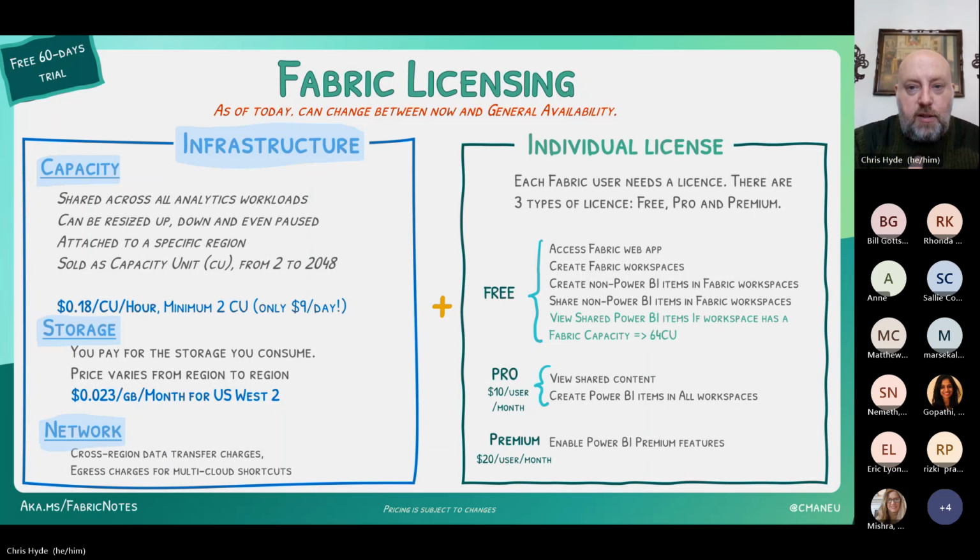But that compute that we've used is smoothed out over a day-long period to give us an average. Whereas before, you're always thinking, what is our peak usage? That's what we need to size our VM or on-premises server as. But here we're actually sizing based on our average.